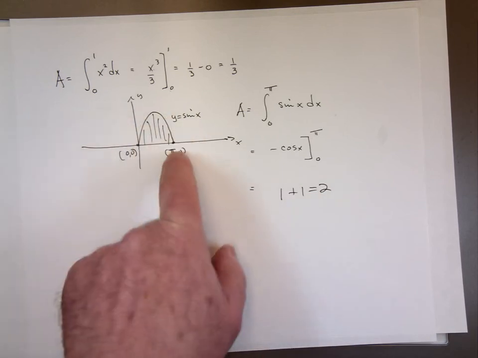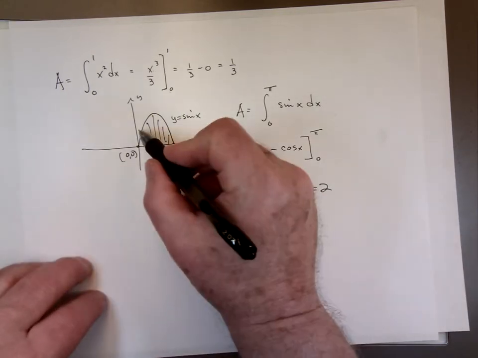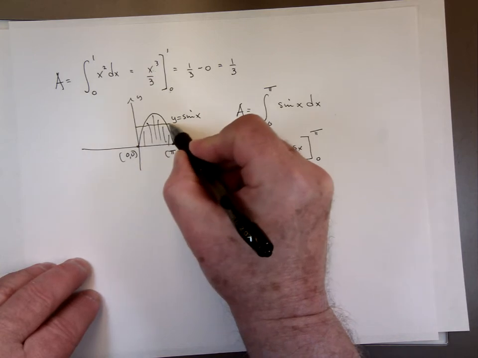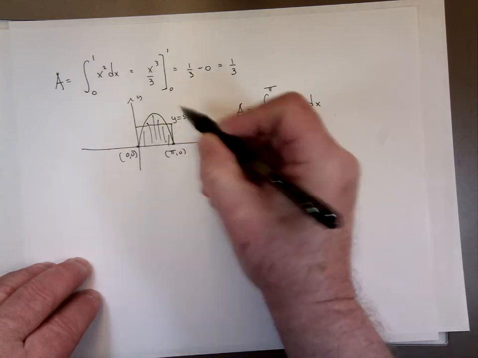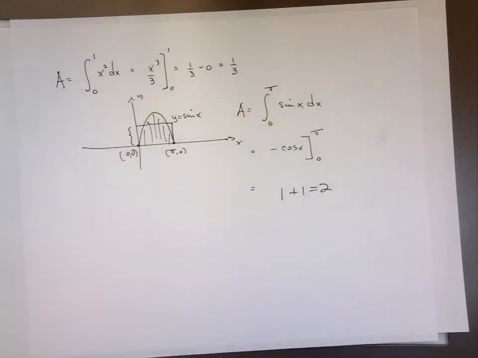In other words, a rectangle here. What would the height of that rectangle be that has the same area as the area under the sine wave?